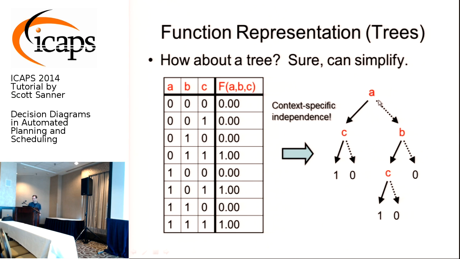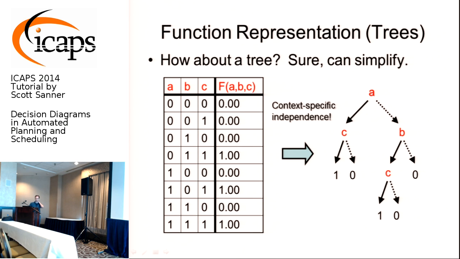The reason is that when A was true, the function value did not depend on the value of B, and that's called context-specific independence. For a certain value assignment to one variable in a function, the function becomes independent of some other variables like B. So in the context of A equals true, the function is independent of B. It just depends on C. So trees nicely exploit things like context-specific independence.